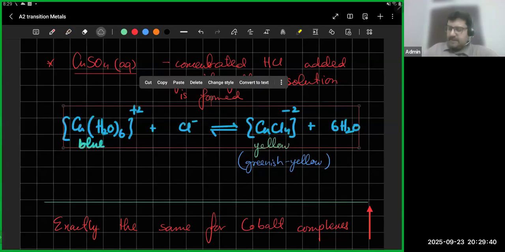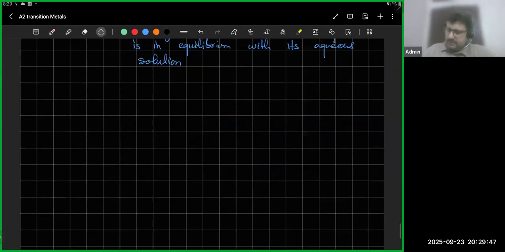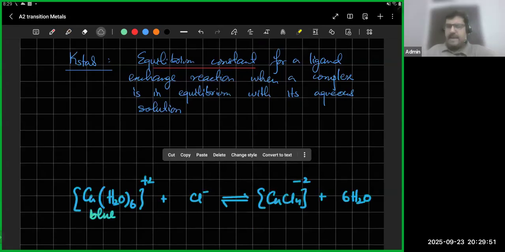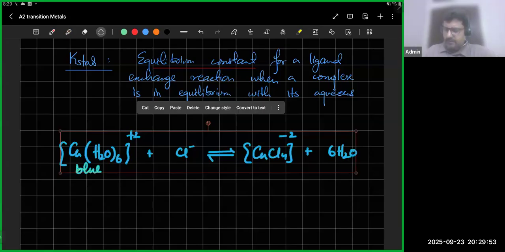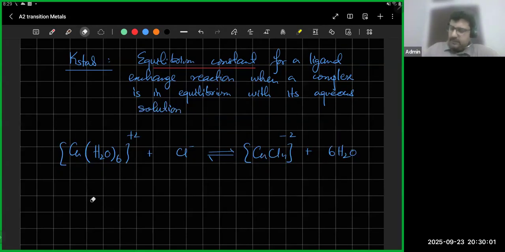You're not going to get a very complex question on this. They could give you any ligand exchange happening. There are an infinite number of ligand exchange reactions. The ones that we wrote above are the ones that you have to remember. But otherwise, they could give you any complex and any ligand exchange reaction.